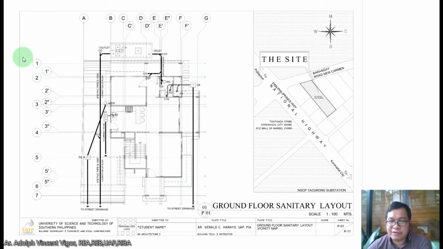But of course, you could also use the column call outs so that you could easily identify which part of the building you're going to place the different pipes. Now let's move into the next.